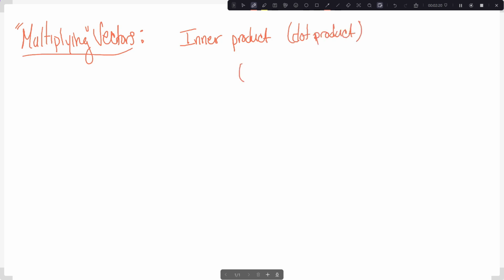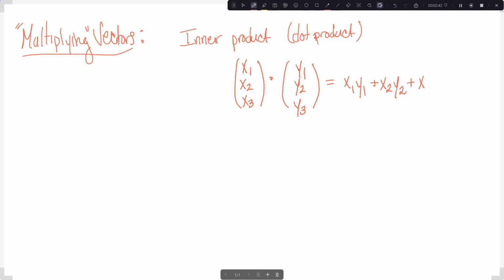And that's where we take vectors x1, x2, x3, dot y1, y2, y3, and this outputs a scalar, right? We gain the output x1 y1 plus x2 y2 plus x3 y3. So we output a scalar from two vectors.